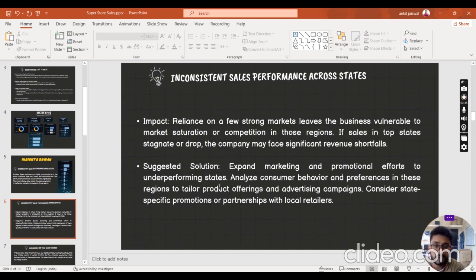Consider state-specific promotions or partnerships with local retailers. In every state some local people live, so we need to target our advertisement or campaign so that it actually hits these local people.